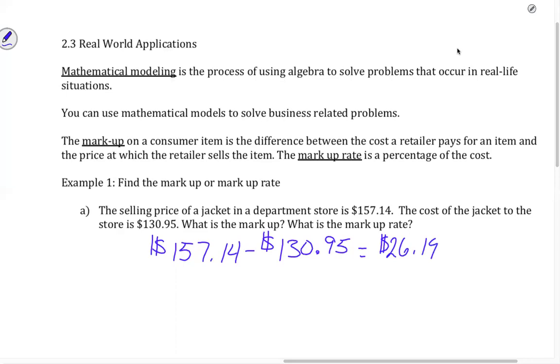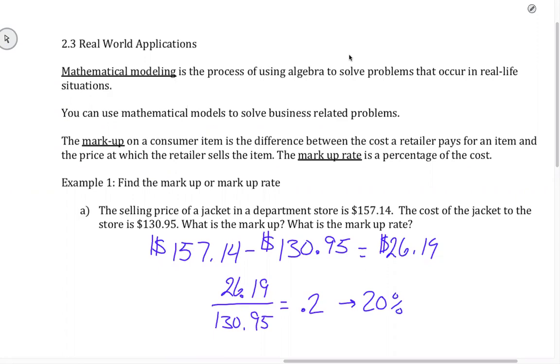And then from there, I'm going to divide it by 130.95. And I get 0.2. And as a percentage, that is 20%. So this is a 20% markup.